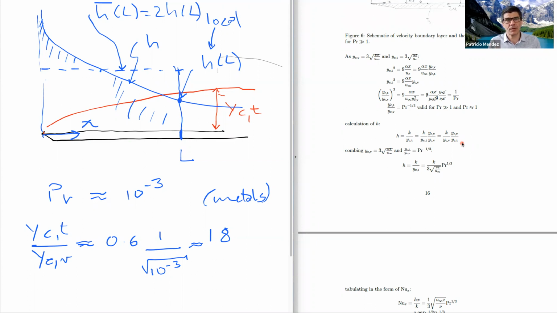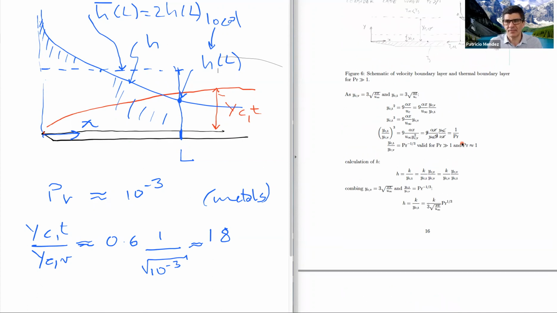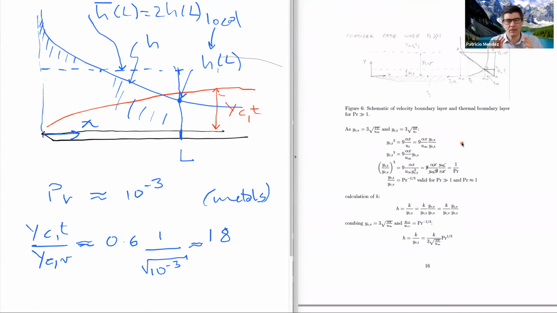So for the case of Reynolds analogy, I know it's exactly the same. But for the case of a viscous boundary layer much thicker than the thermal boundary layer, in this schematic here on the right, we have a thin thermal boundary layer and a thick viscous boundary layer.